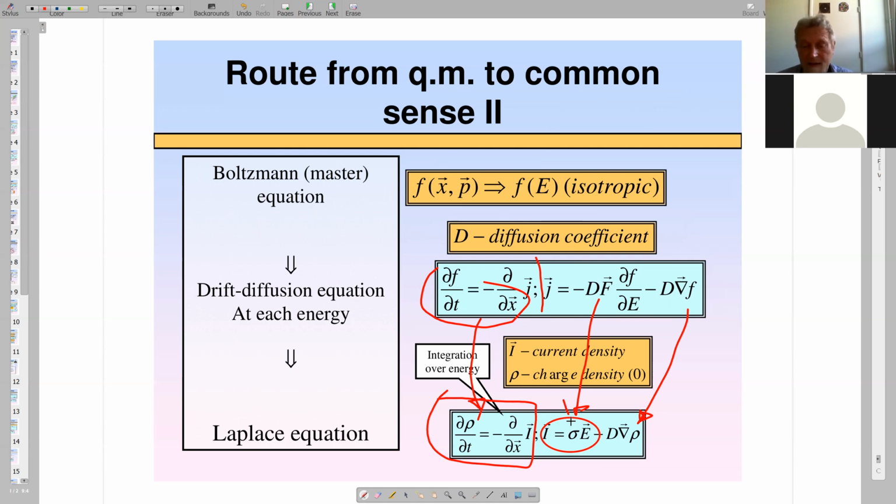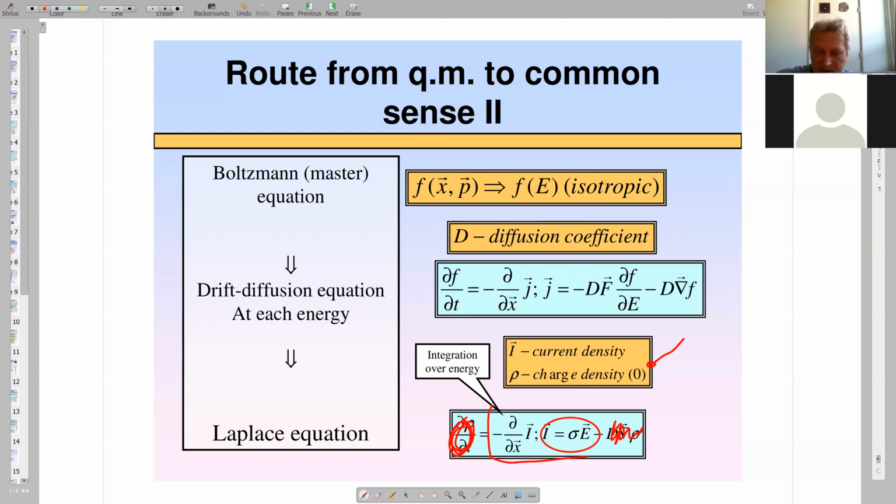Fine. Let us see. Oh, I've forgotten to say that in metals, charge density in the bulk, not at the surface, is 0. Good metals are electrically neutral, which means that I would replace rho by 0. Electric current must be divergenceless, and there is no this term.